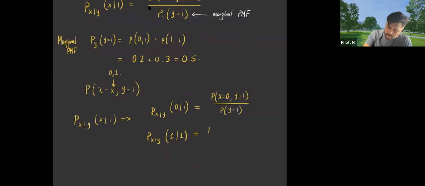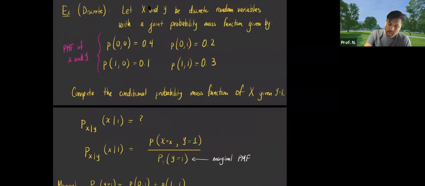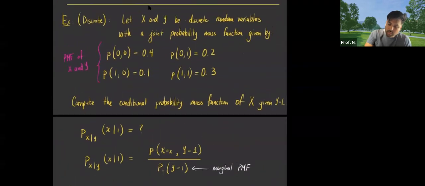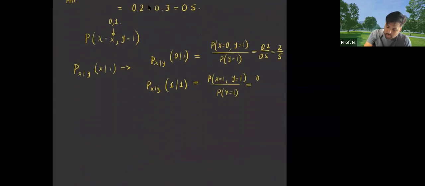And this is the same thing as saying the probability that x equals 1, y equals 1, over the probability that y equals 1. But what is 0, 1? I have that. It's 0.2 over 0.5, which is 2/5. And 1 given 1 is 0.3 over 0.5, which is 3/5. So I found it. This is my PMF.